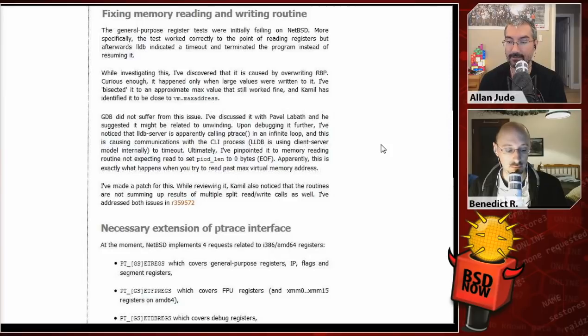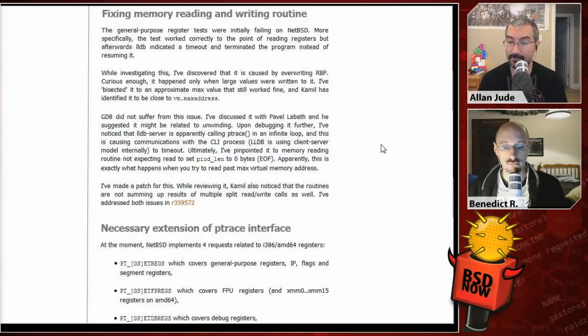Curiously enough, it happens only when a large value is being written to it. They bisected it to the appropriate max value that still worked correctly and identified it as being VM max address. GDB did not suffer from this issue. I've discussed it with some people from LLVM, and it might be actually related to the unwinding of the stack.